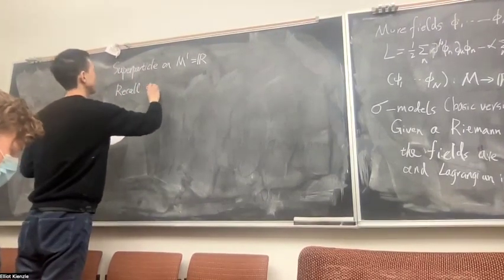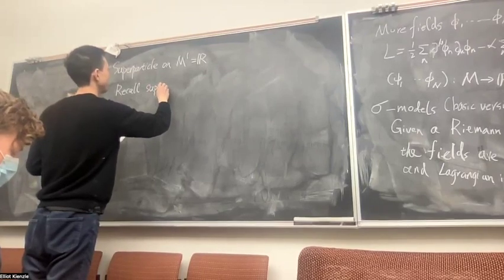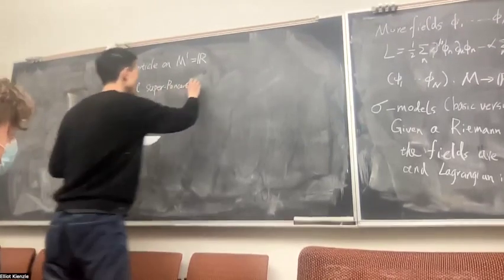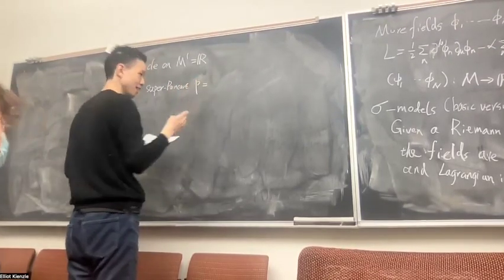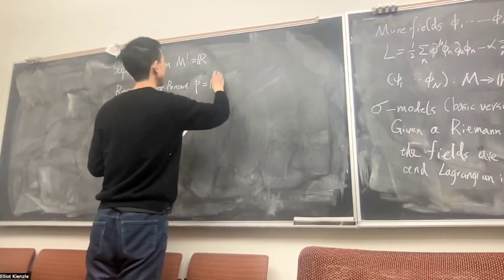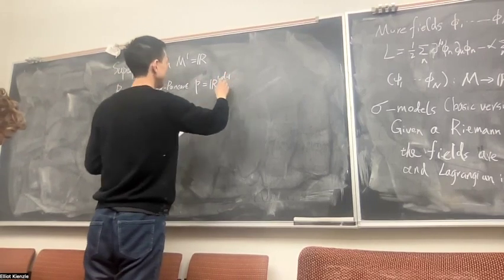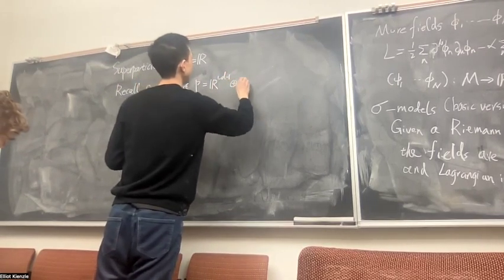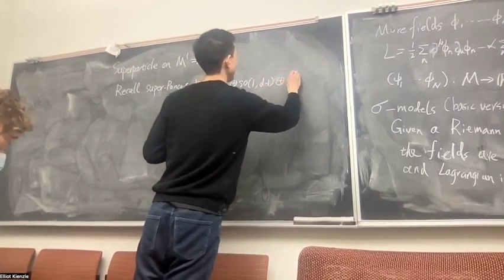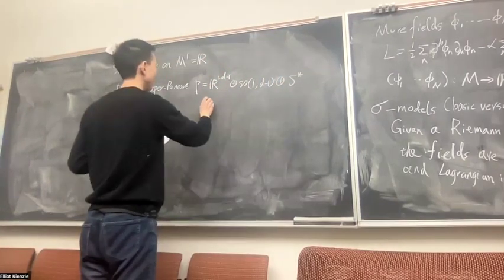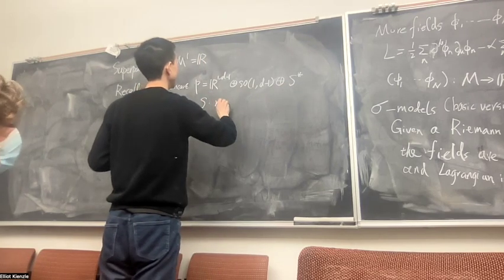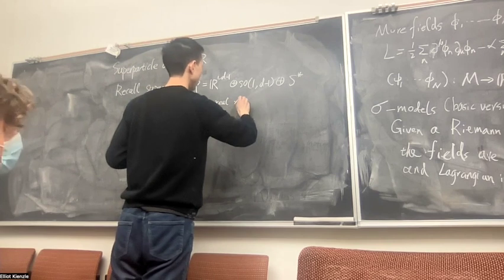We define the super Poincaré algebra P. In general, in d-dimensional spacetime, it is equal to spacetime translations plus spacetime rotations plus S, where S is a real representation of the spin group.